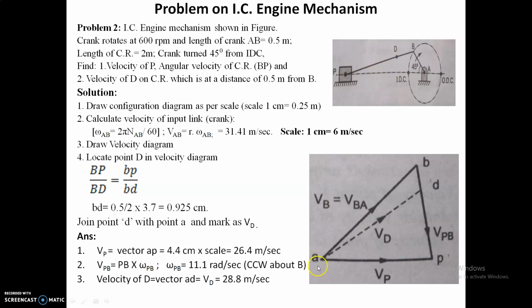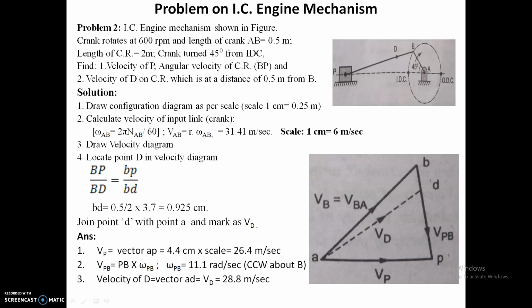So from the fixed point A, you take the straight line, that is the stroke of the slider, and this particular line of action of the slider and the velocity line of the connecting rod, where it is intersecting, you give the notation as small p. Okay, so the small p you got.